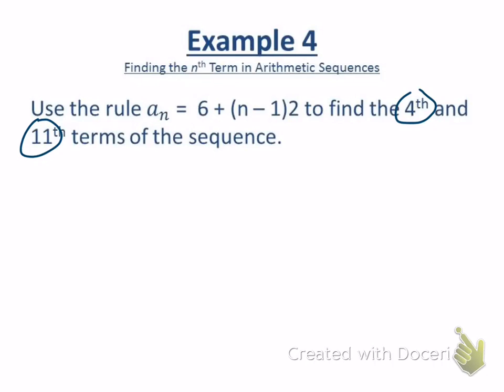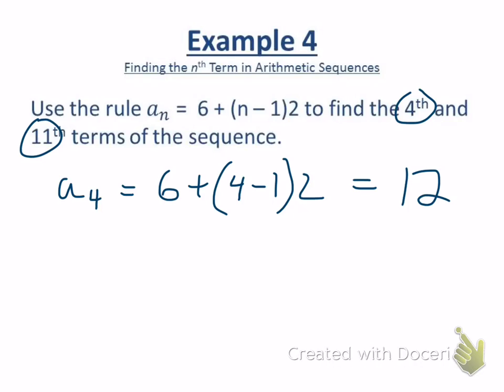So 6, 8, 10, 12, we know what it's going to look like, but using the rule, a sub 4 equals 6 plus 4 minus 1, which is 3, times 2. That's 12. Okay. The 11th term of the sequence is 6 plus 11 minus 1 times 2.